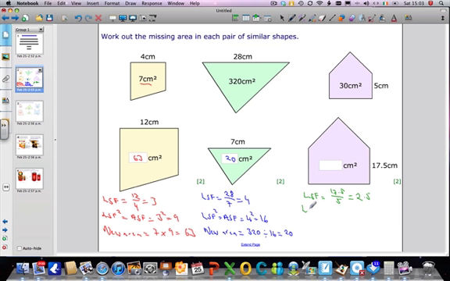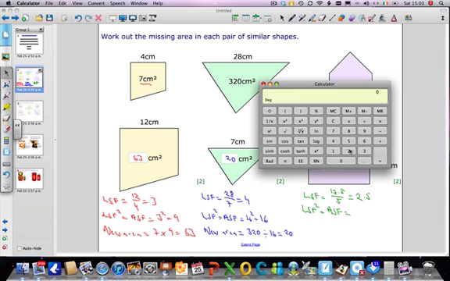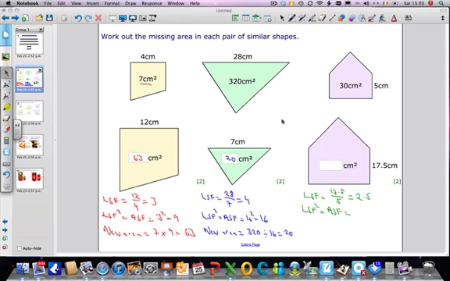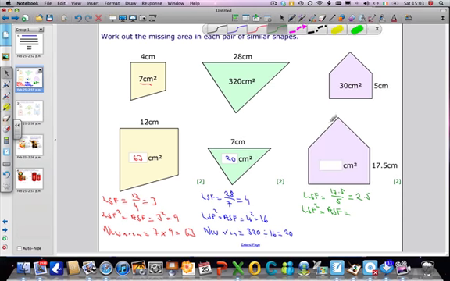Just like before, the linear scale factor squared equals the area scale factor. Let's get out the calculator for this. 2.5 squared gives me 6.25. So the area scale factor is 6.25.